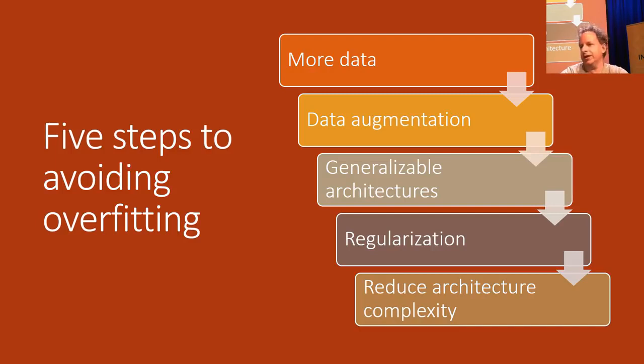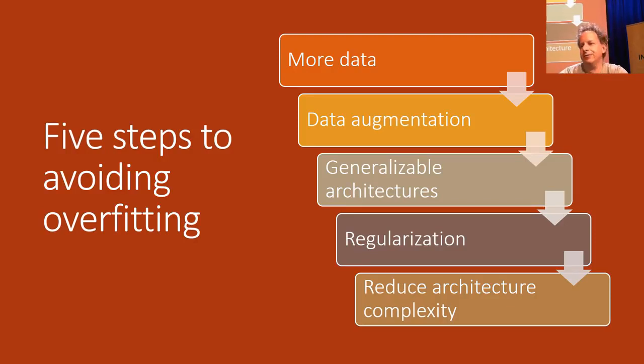If you can get more data, you should. If you can do more data augmentation, you should. If you can use a more generalizable architecture, you should. And then if all those things are done, then you can start adding regularization like dropout or weight decay. But remember, at that point you're reducing the effective capacity of your model, so it's less good than the first 3 things.